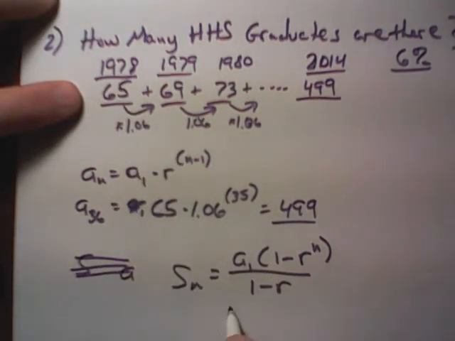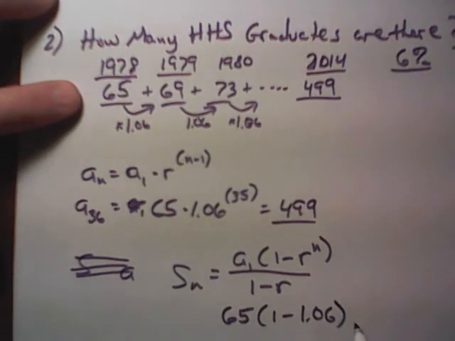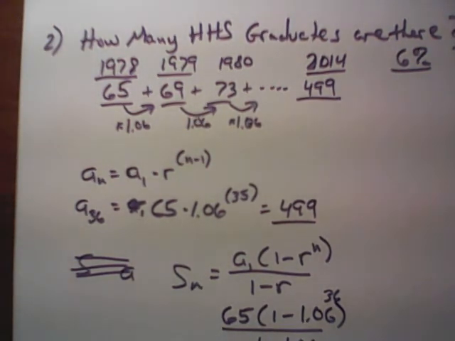So the first term, 1978, there were 65 students that graduated. That's going to be 1 minus our ratio, which is 1.06. We're going to raise that 1.06 to the nth power, which is the 36th power, over 1 minus the ratio, which is 1.06.